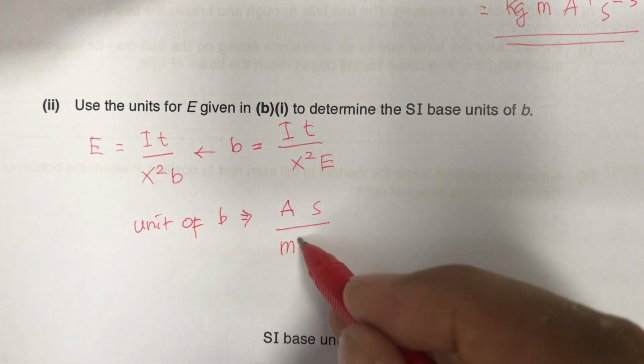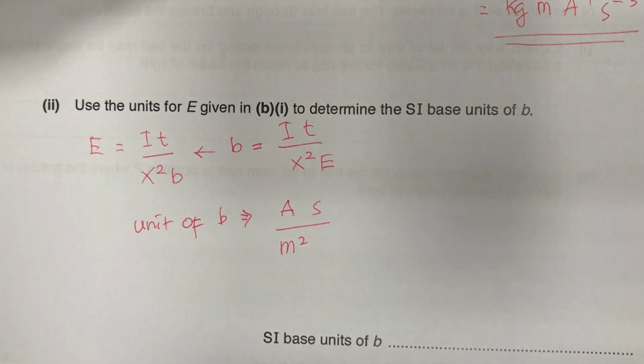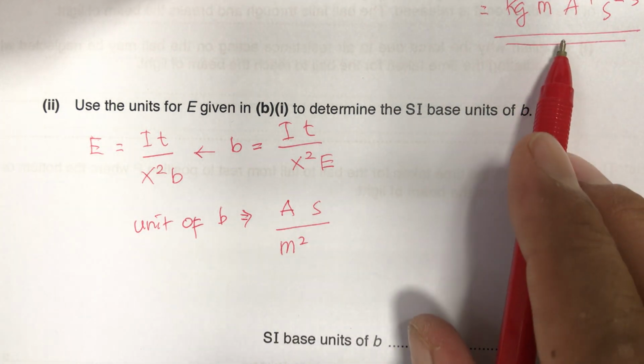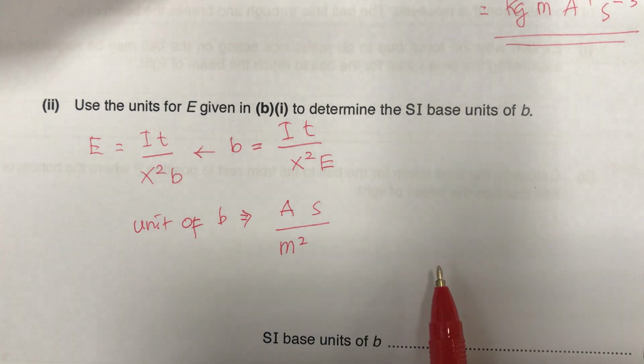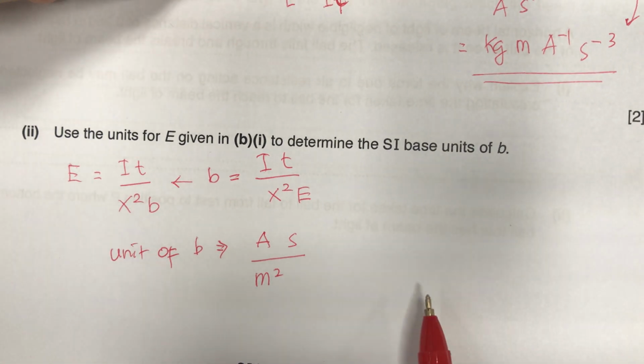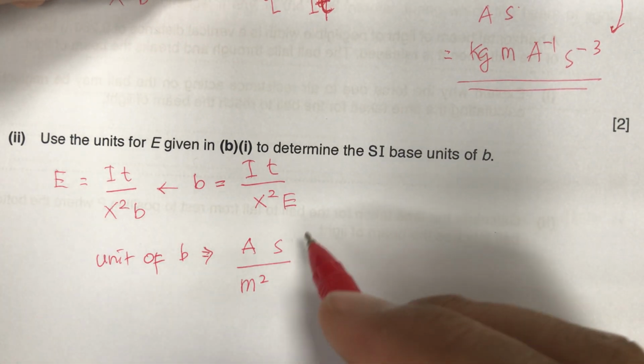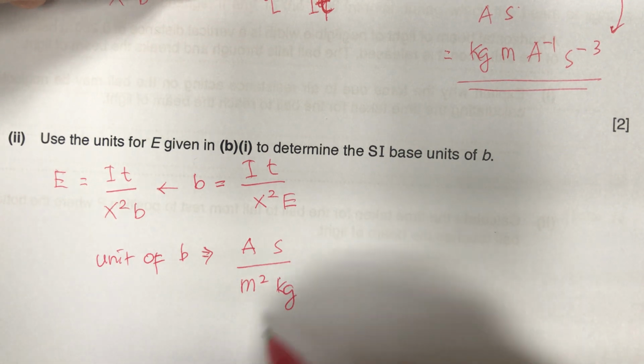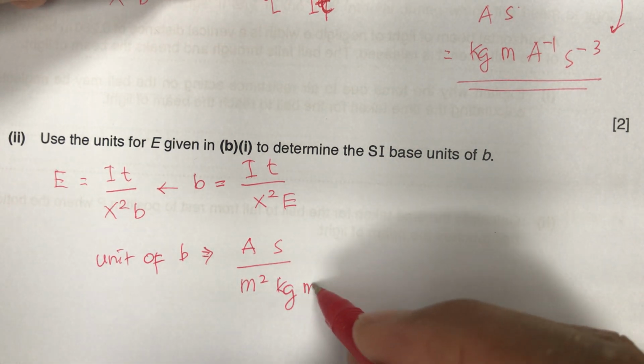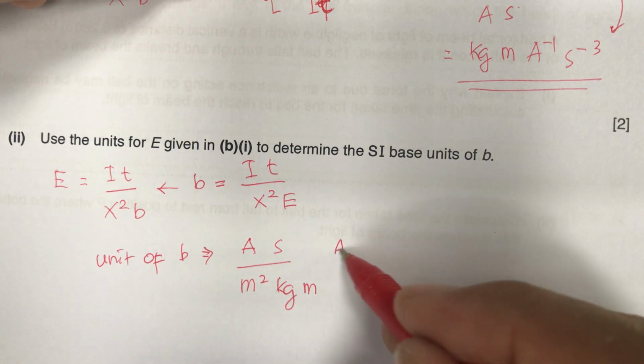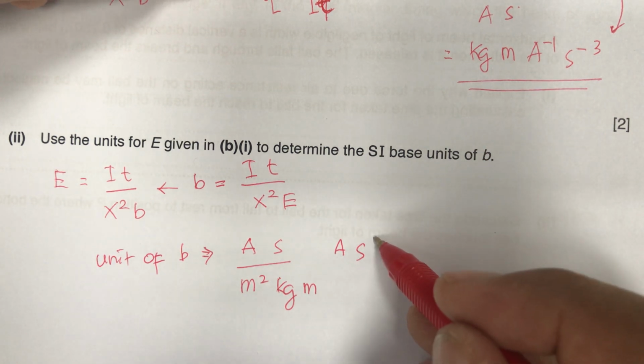and then x is in meter, squared, and E is kilogram meter ampere minus 1 second minus 3.